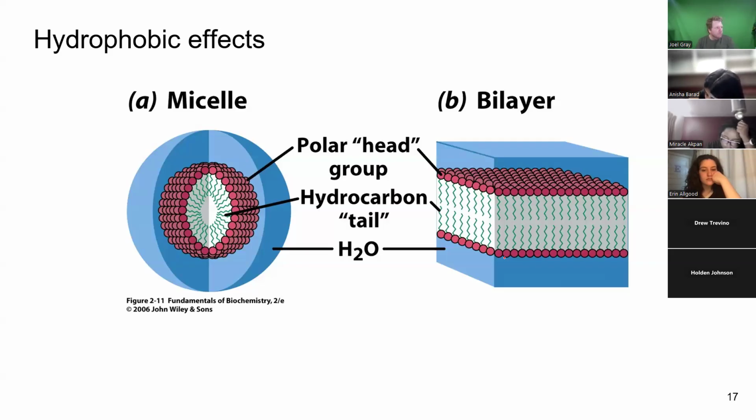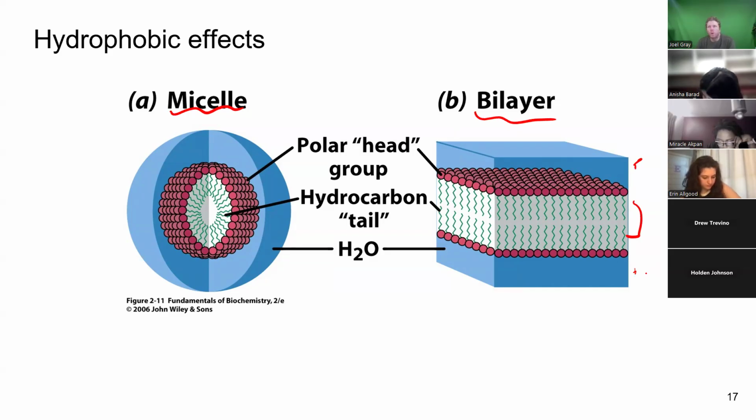Those are exhibited as micelles as well as lipid bilayers. Now, a lipid bilayer, the central part of it is super nonpolar. On the top side or the bottom side of that lipid bilayer, that's going to be an aqueous or polar environment.